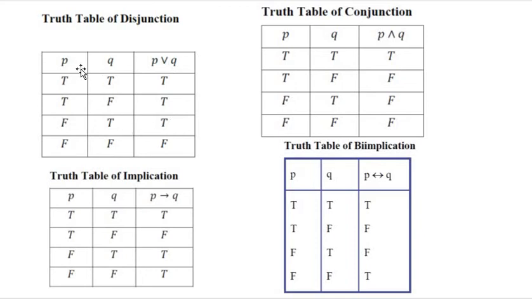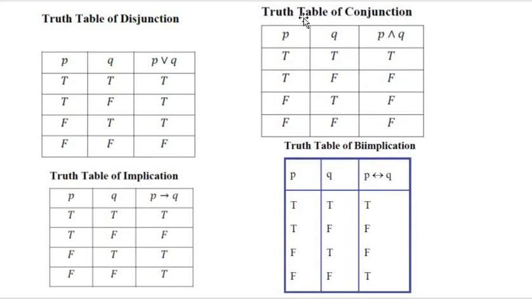And the 4th case is when P is false and Q is false, the compound proposition P or Q is false. So P or Q is false, with truth value F or 0, only when both propositions P and Q assume the truth value F.